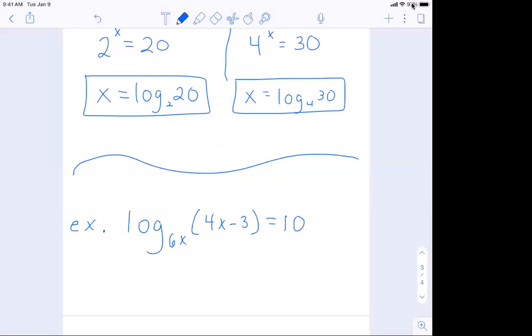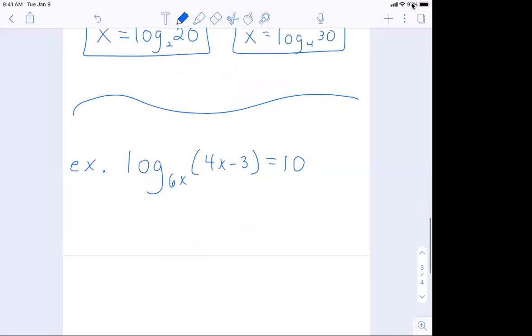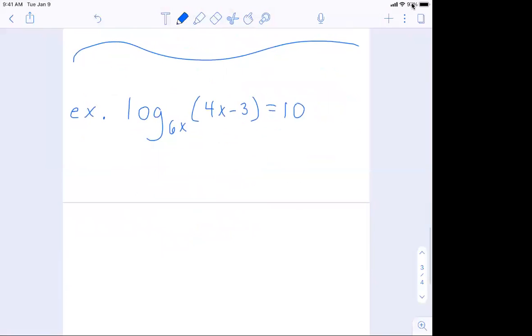But it's in log form. If I want to write this in exponential form, pattern wise, this number stays, this moves over, and this moves up. So that in exponential form would be 4x minus 3 is equal to 6 to the 10th power.